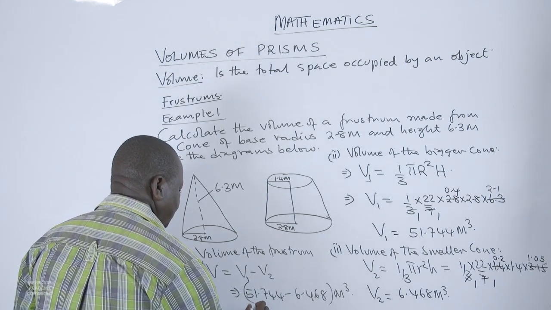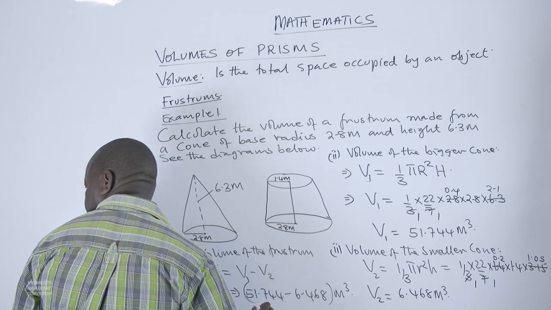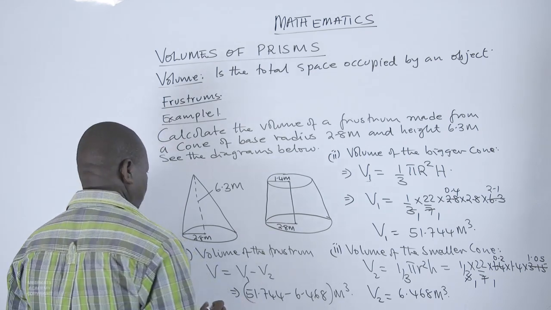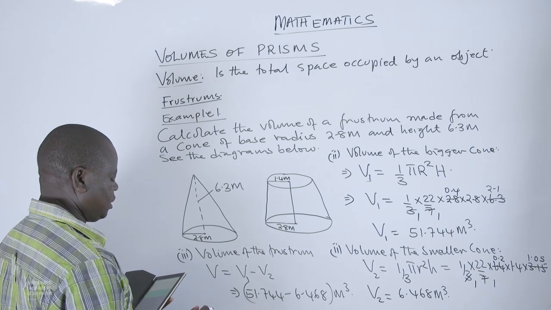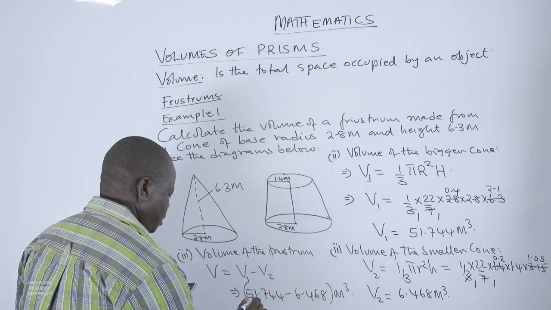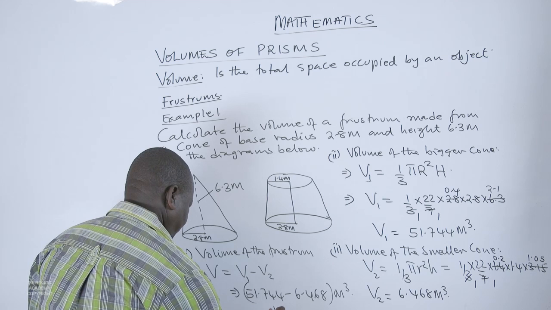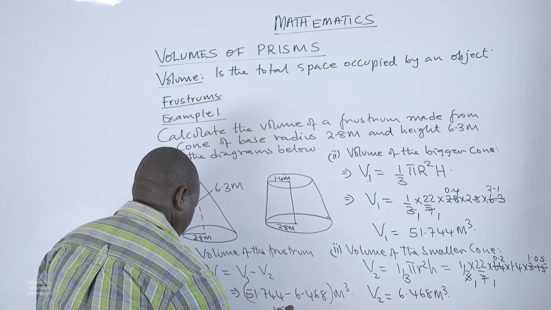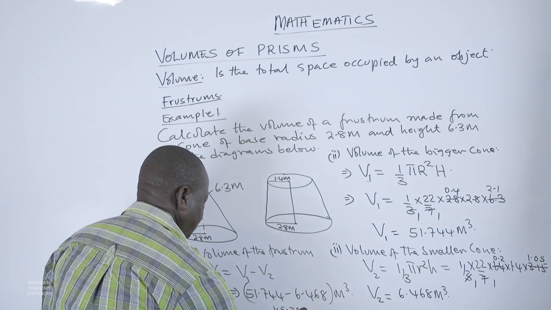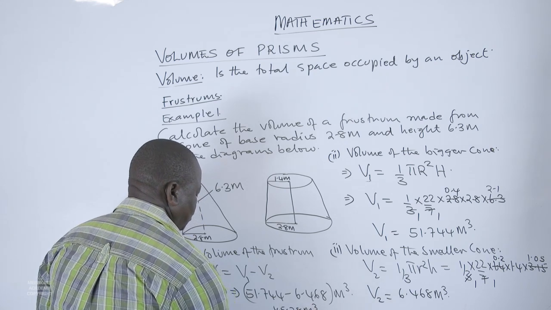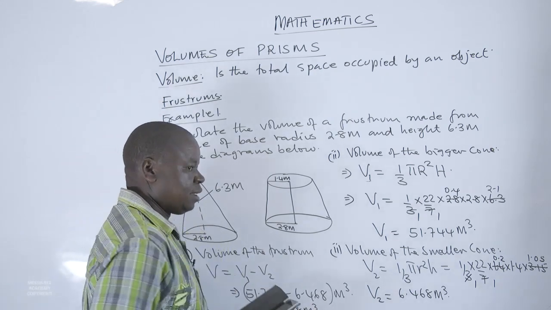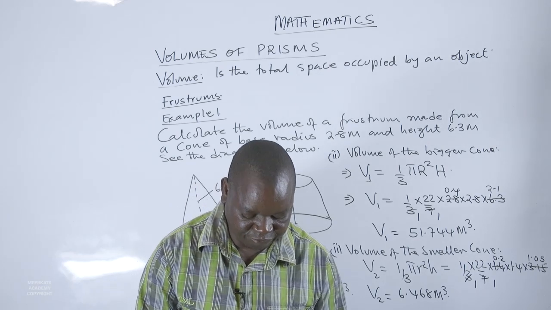You'll be able to obtain 45.28 meters cubed, correct to 2 decimal points. That is our volume of the frustum.